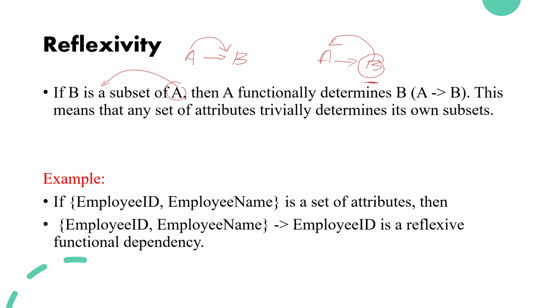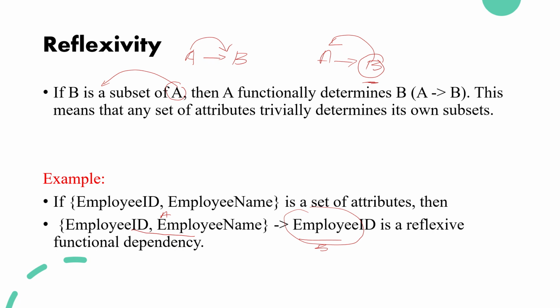So now this is A, and this is B. Now if you see, B is a subset of this A. Employee ID is a subset of employee ID comma employee name, which is a reflexive functional dependency, right? It means that it is a trivial dependency where this dependent attribute, that is the employee ID, is already a part of the determinant.